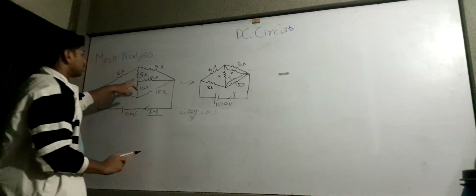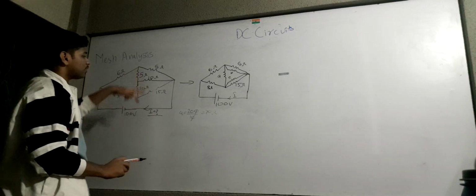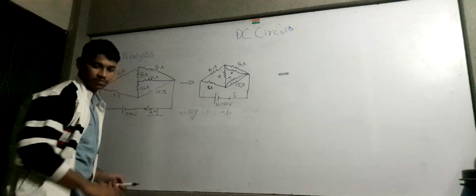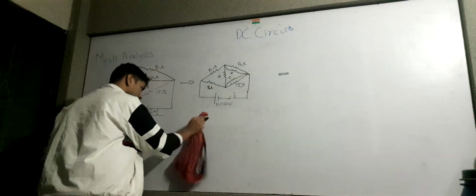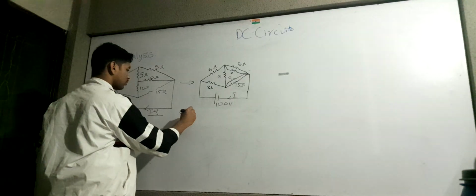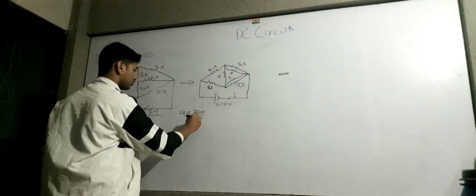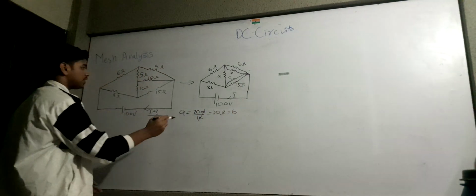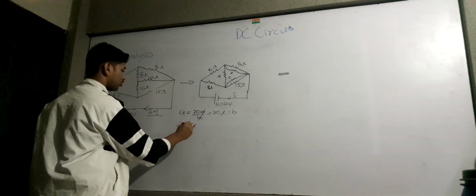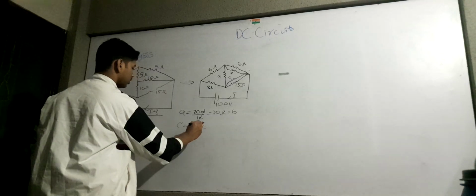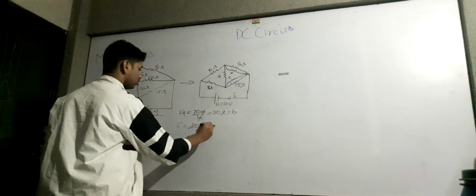And since B shares the same resistance, that is also equal to B. And for C, 200 divided by 5, that will be 40.